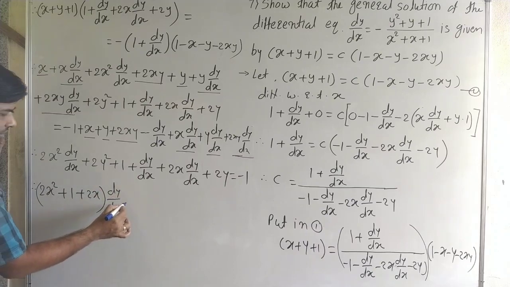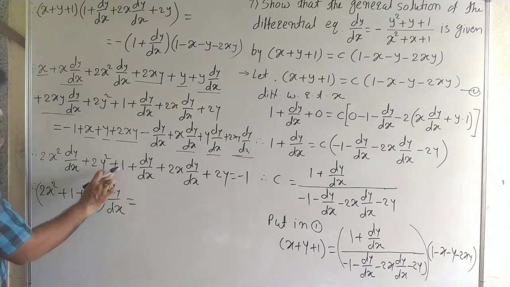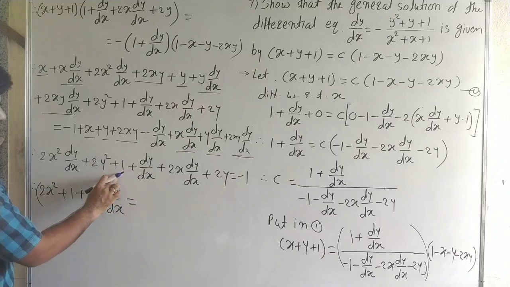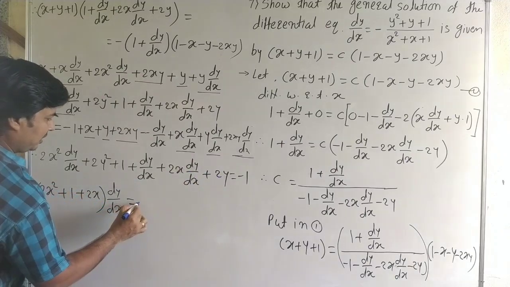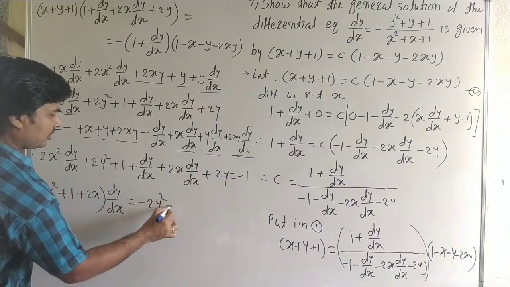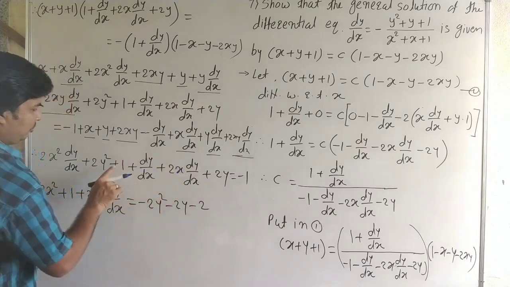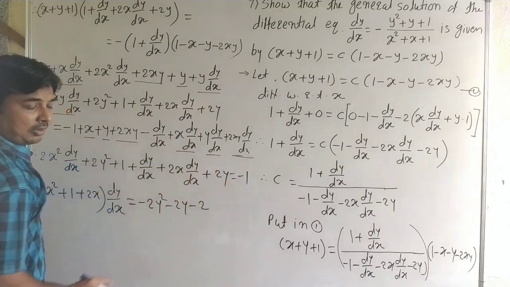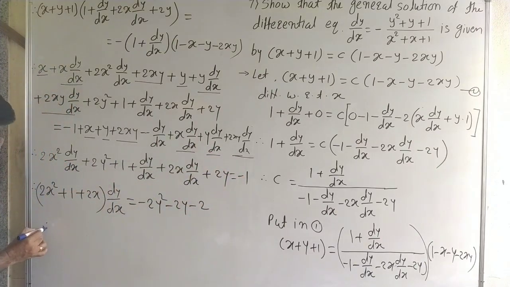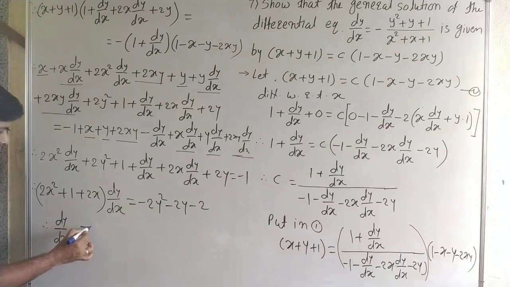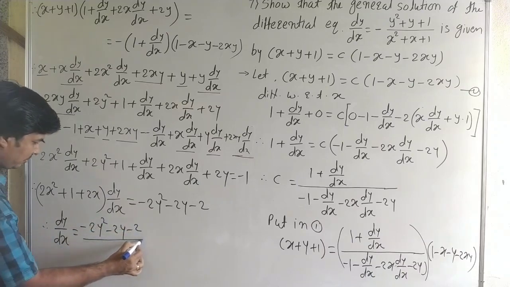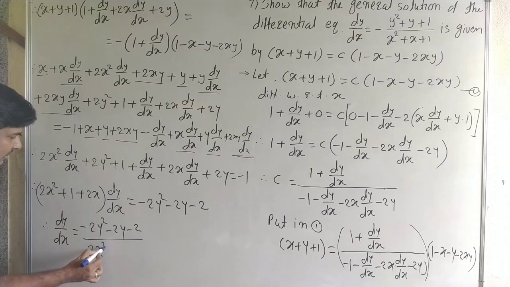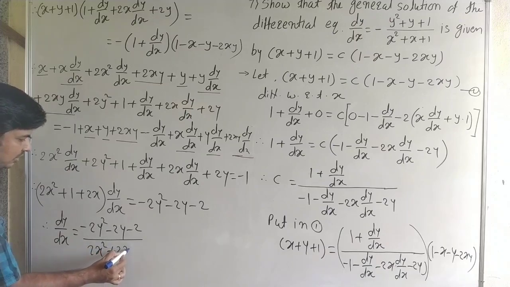dy by dx is equal to, here it is a 2y square, it is 1 and it is a 2y. Here it is a minus 2y square minus 2y and it is a minus 2 plus 1. Here it is a minus 1. Okay. Now see carefully, and therefore dy by dx is equal to minus 2y square minus 2y minus 2 upon 2x square plus 2x and plus 2.